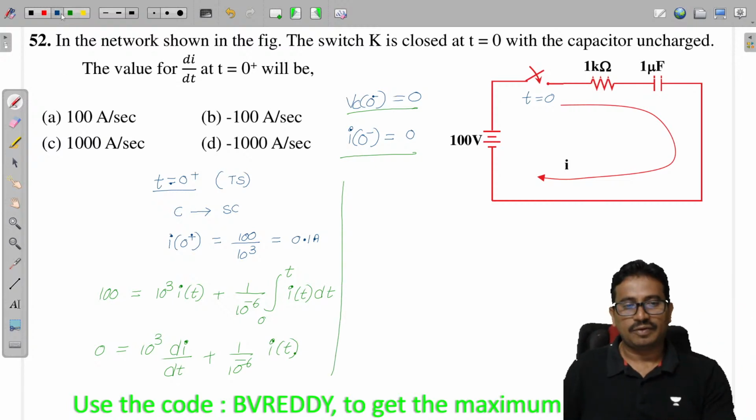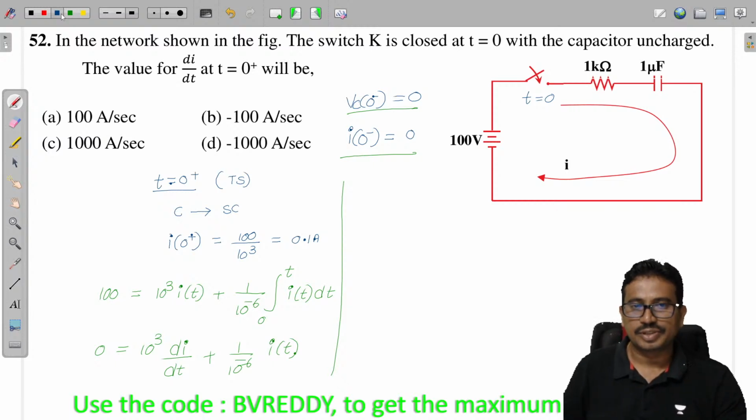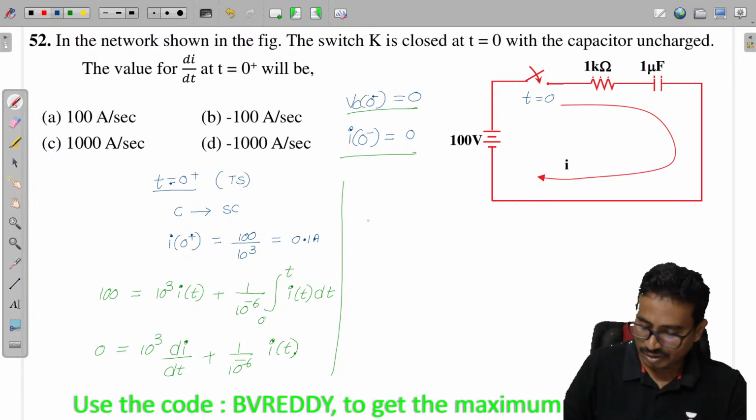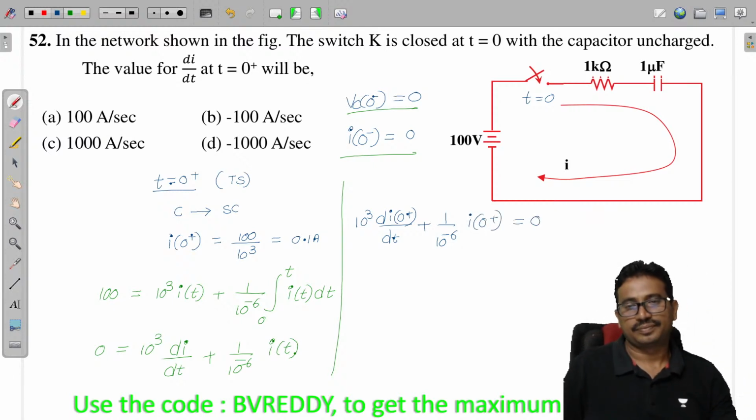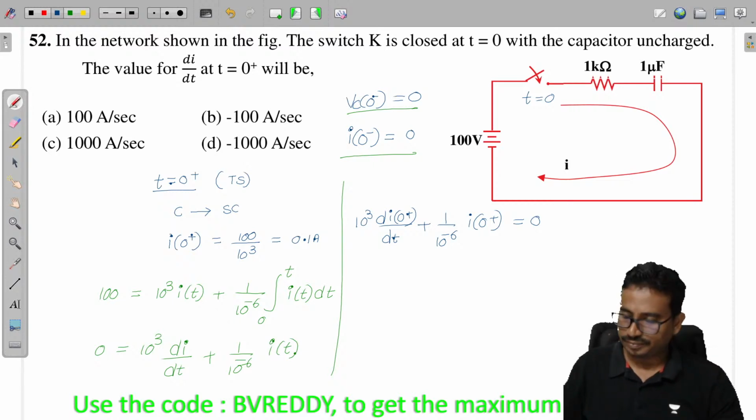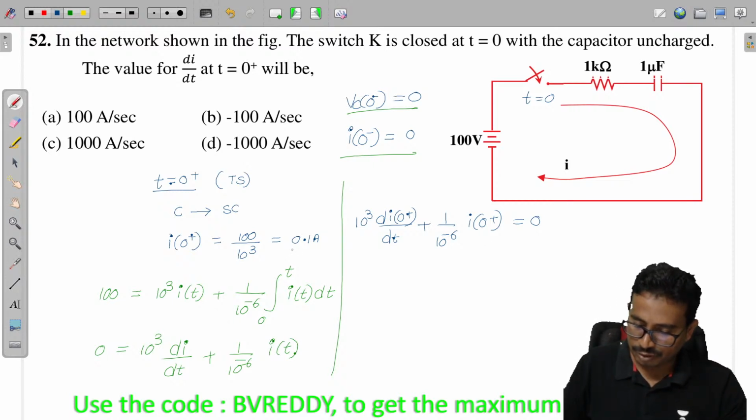Now, if I consider the t equal to 0 plus condition, we get 10 cube into di of 0 plus by dt plus 1 by 10 power minus 6 into I of 0 plus, which is equal to 0. Now I of 0 plus is 0.1.